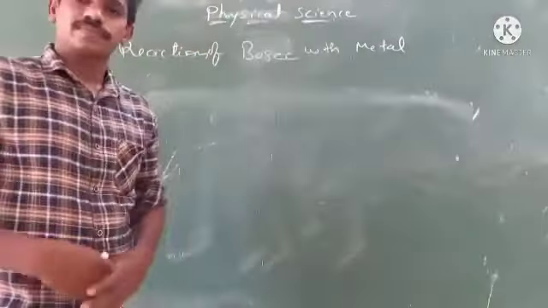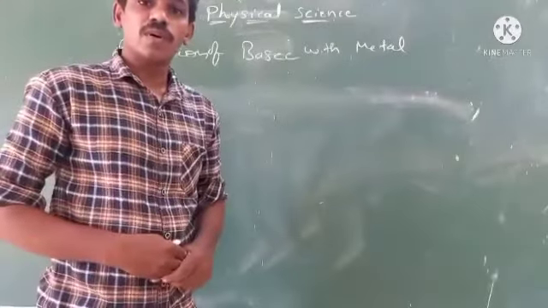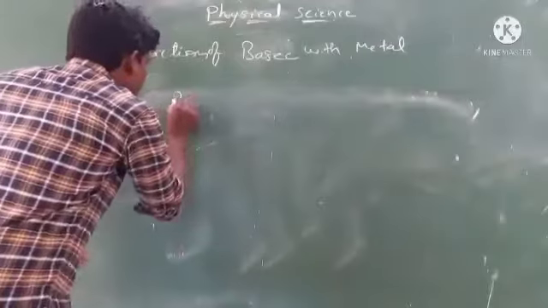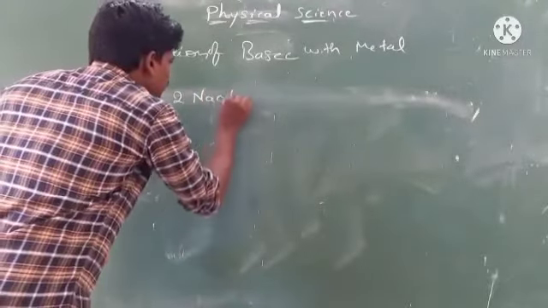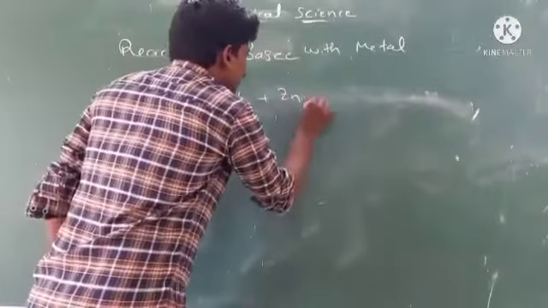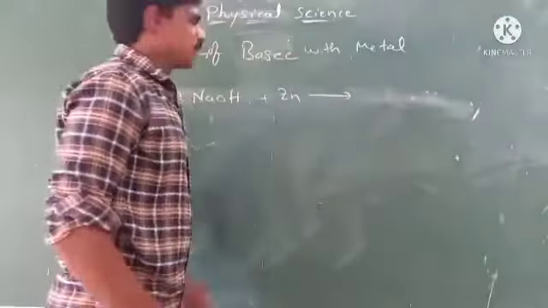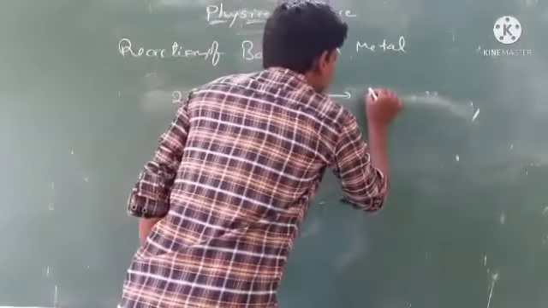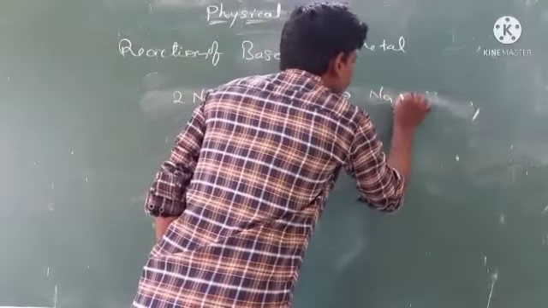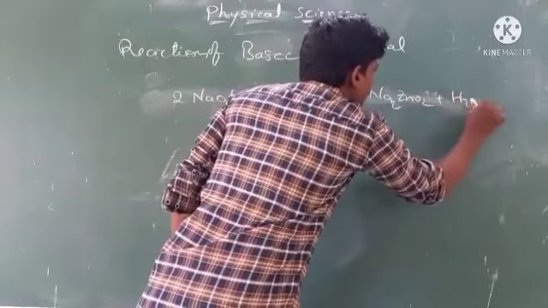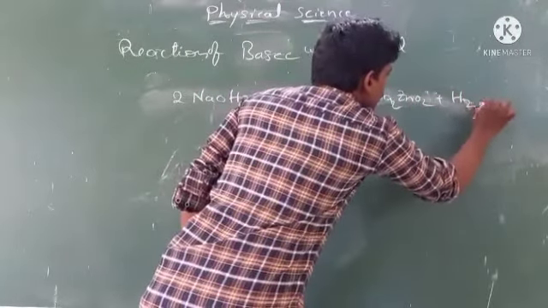Next, let us see the reaction of base with metal. Take a base, NaOH, sodium hydroxide is a base, and zinc is a metal, and a base reacts with metal. A salt is formed, Na2ZnO2, and a gas is generated, that is hydrogen gas.